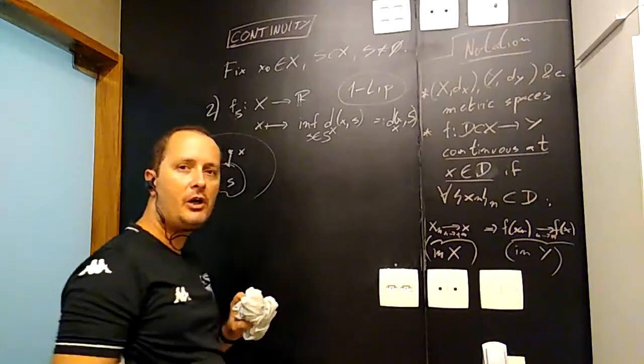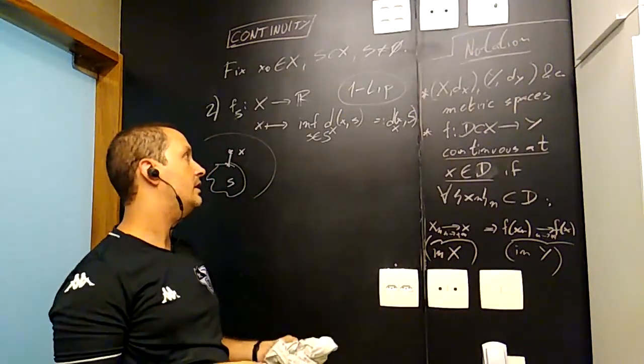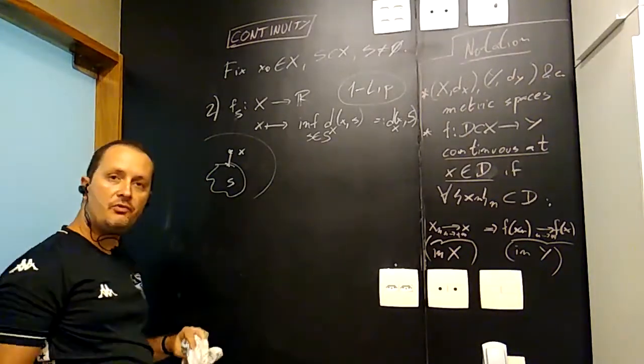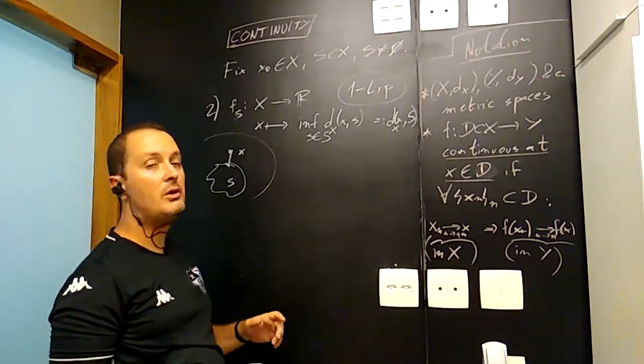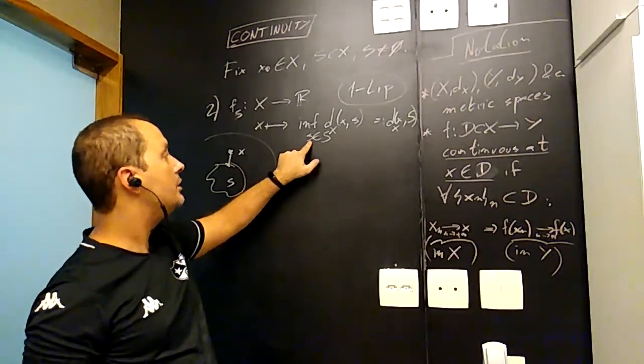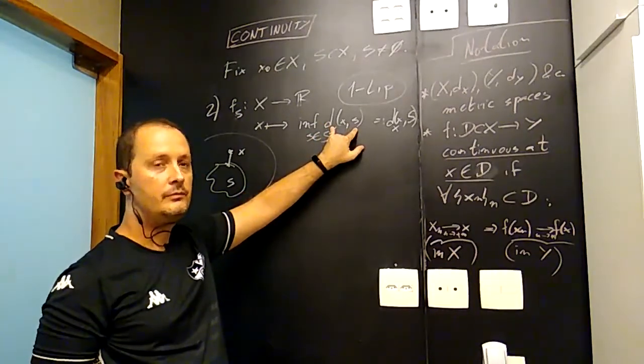And that's a little bit more complicated than the previous case because it involves an infimum, right? So, okay, first we should check that this function is actually well-defined. For each element little s of the set S, this is a non-negative value.